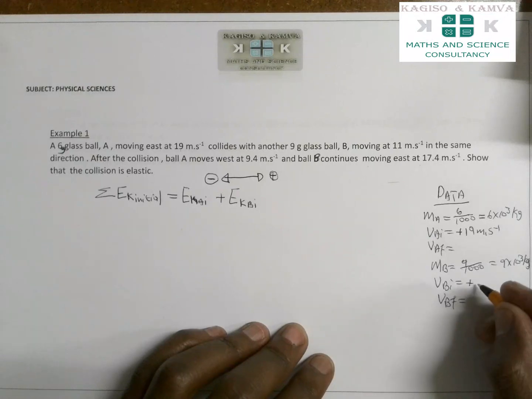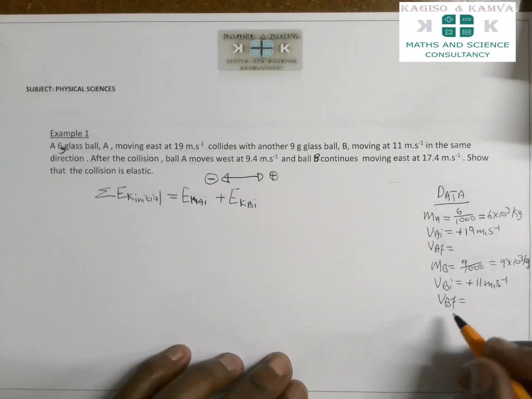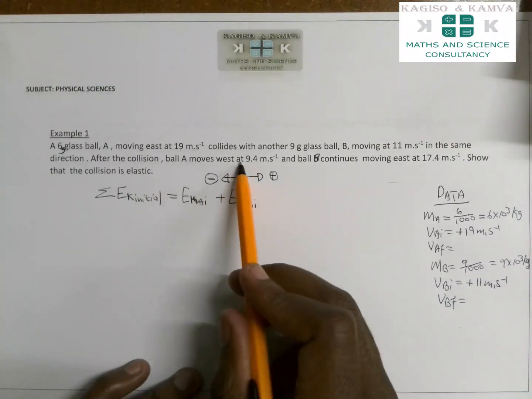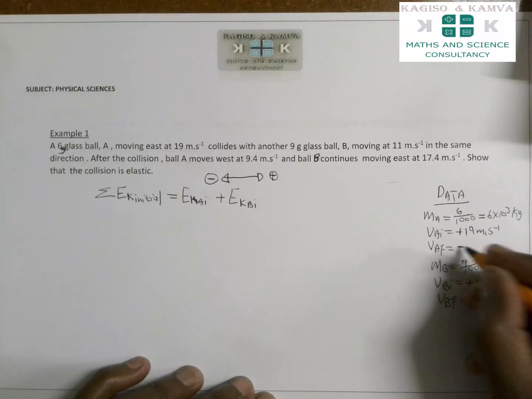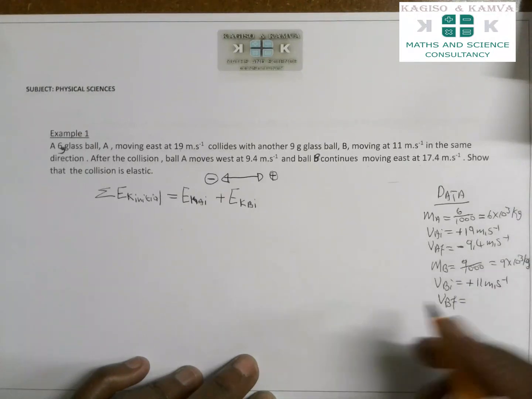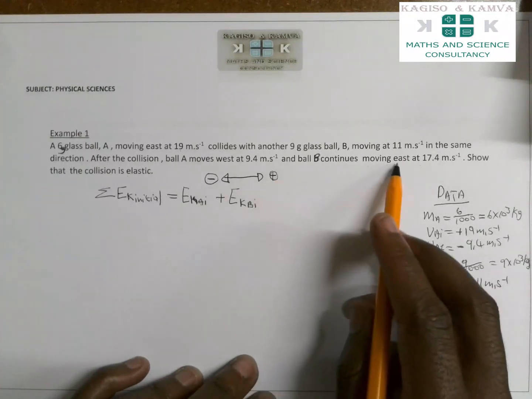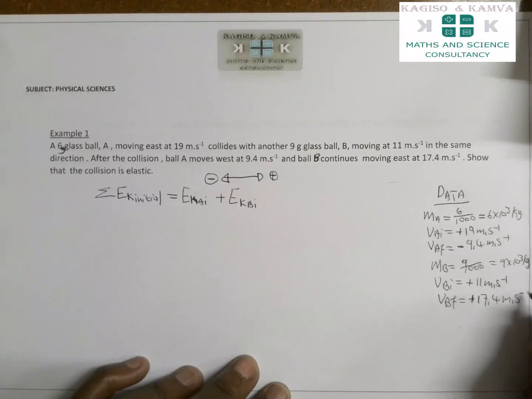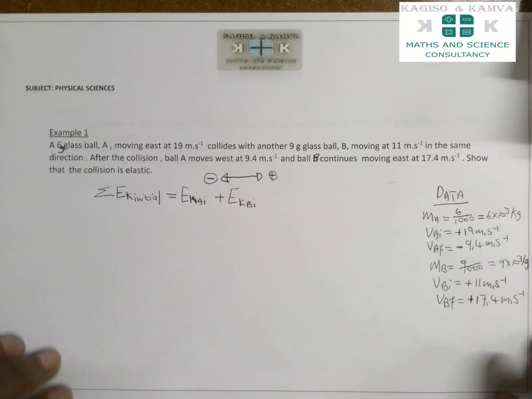Now after the collision, ball A moves west, that will be negative 9.4 meters per second, and ball B continues moving east at 17.4 meters per second.